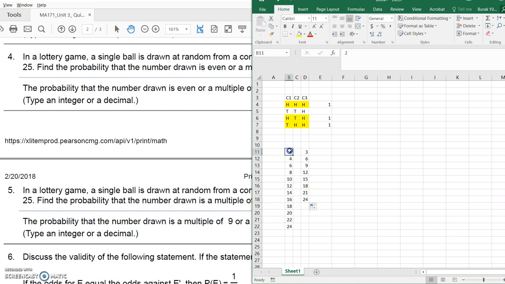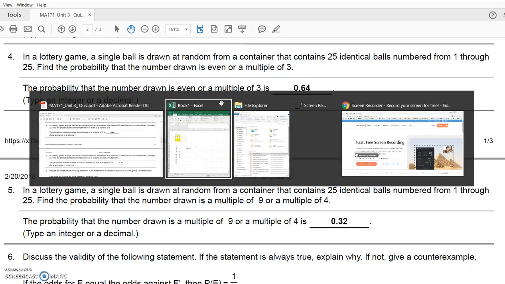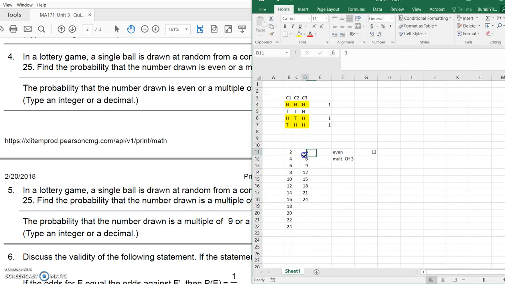So as you see, we have 12 even numbers. So even is 12. Multiple of 3 is 8.